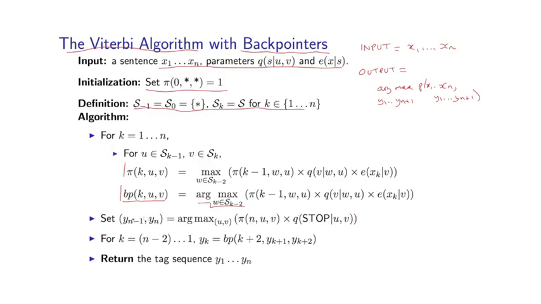Okay, so I've found the last two tags in the sequence. And then I go backwards through the sequence, at each point saying that y_k is the backpointer BP(k+2, y_{k+1}, y_{k+2}). Okay, so this is just unraveling the argmaxes to find the highest scoring tag sequence, and that's what we finally return.